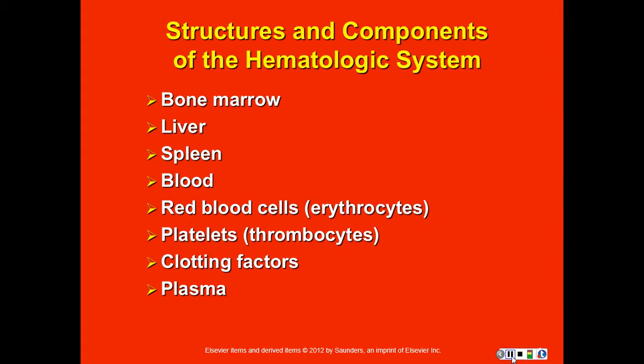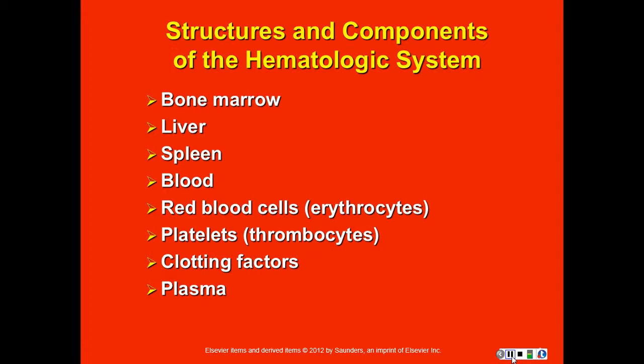When we're talking about red blood cells, those are also called erythrocytes. And these come from the bone marrow. And we need a hormone called erythropoietin that is produced by the kidneys, which is what stimulates red blood cell production.